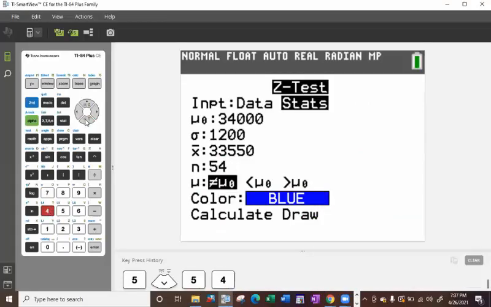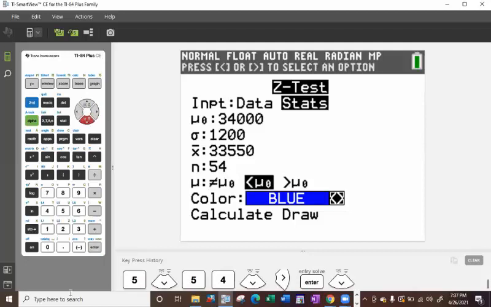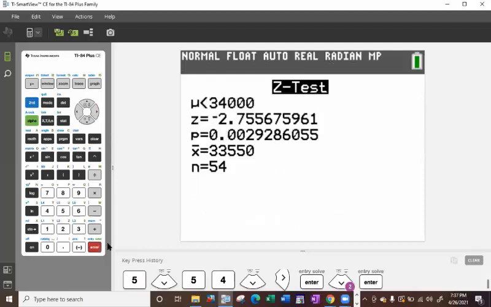And got to pick the right one here, which is the middle one. There it is. Negative 2.7, whatever.